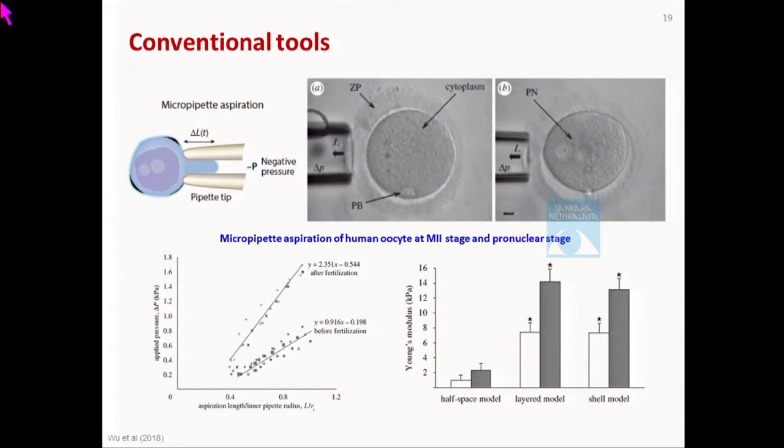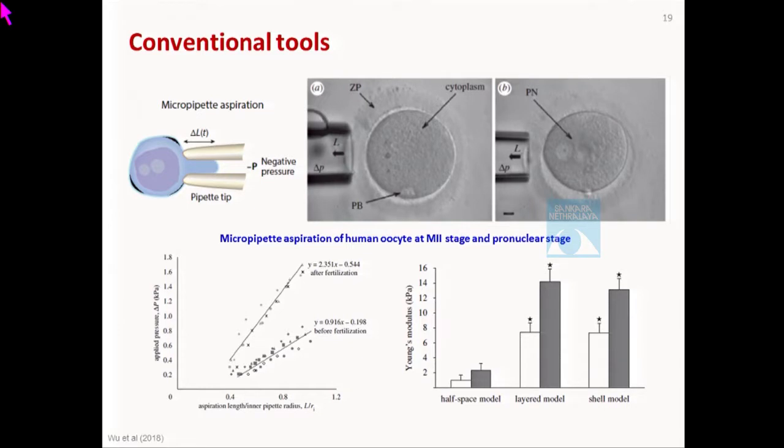Talking about micropipette aspiration. Typically here, you have a pipette structure with a micron-sized orifice, and you subject this system to a negative pressure. When you apply a negative pressure, the cell tries to get in, and depending on the pressure and the stiffness of the cell, the length of the cell that gets into the pipette is characterized.